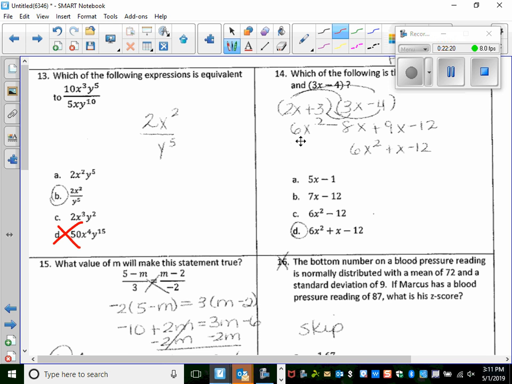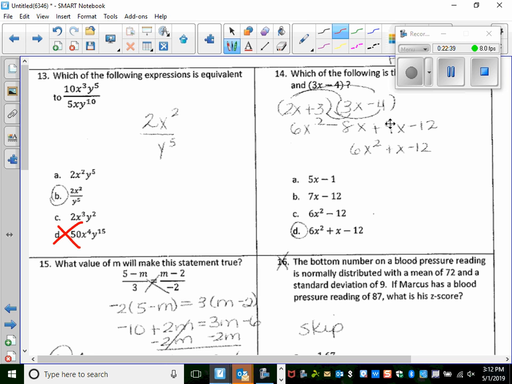Okay, write it down if you didn't get this far. 2x times negative 4 gives you negative 8x. Okay, then you're going to start with the 3 and do the same thing. Distribute again. 3 times 3x is 9x. 3 times negative 4 is negative 12.